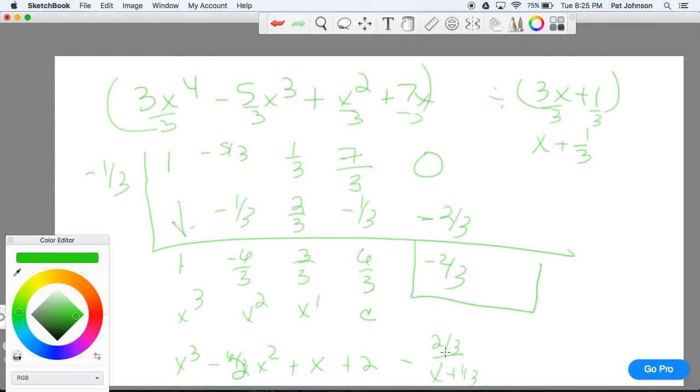All right, and then we can simplify that to make it a little bit simpler by using complex fractions, and this actually will result in 2 over 3x plus 1. Okay, I just used complex fractions. All right, so do problems number 2 and number 4, and we will see you in class.